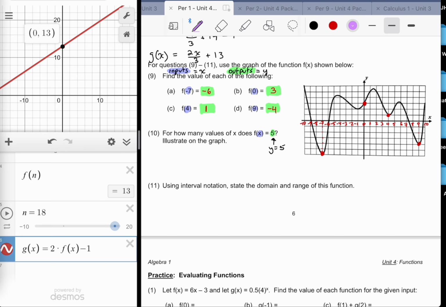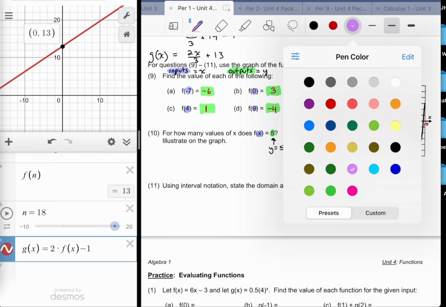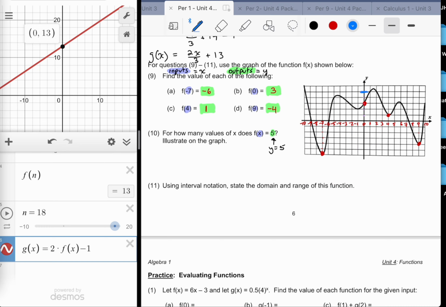Use this color. 1, 2, 3, 4, 5. That's a little too bright. I'll go with this one. So 1, 2, 3, 4, 5 units up. That's the y value of 5. I need any x value that corresponds with that.